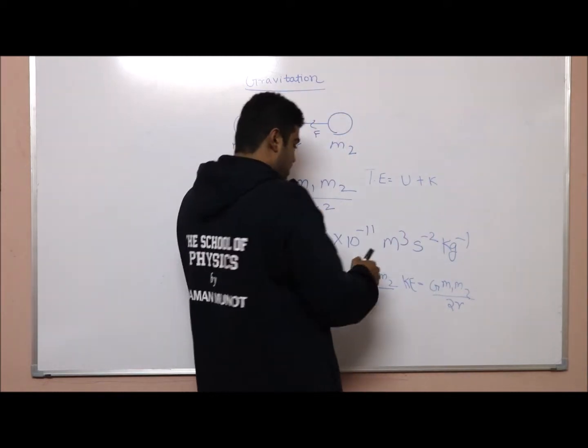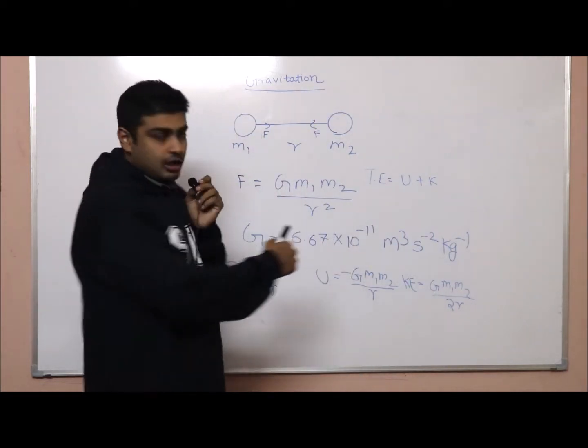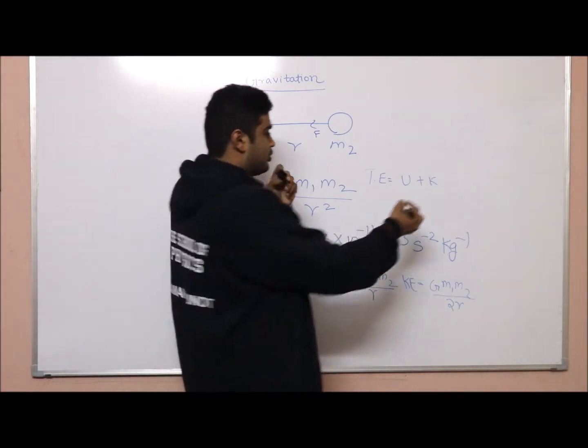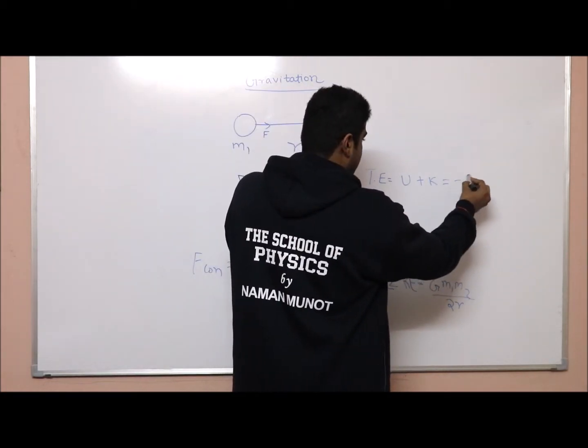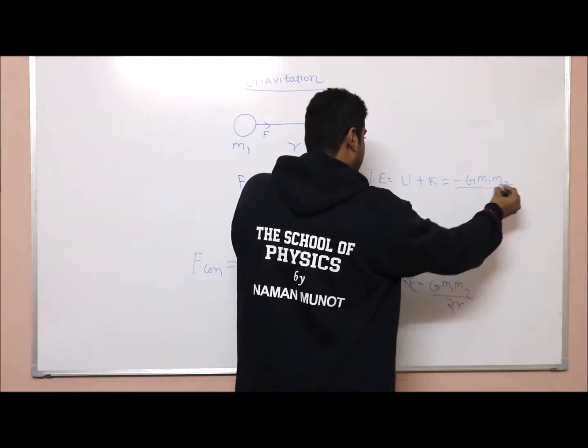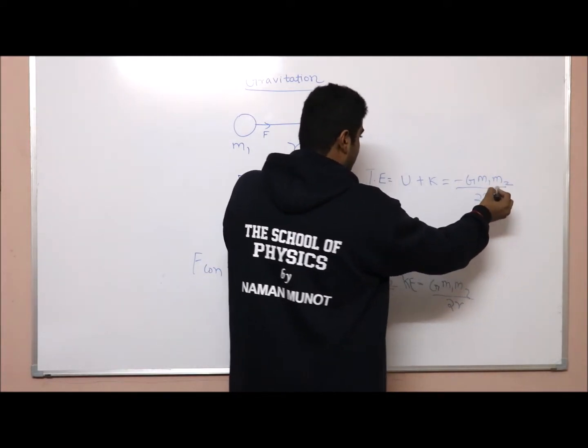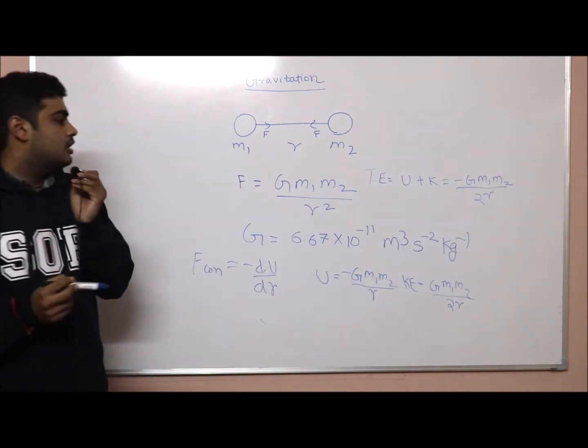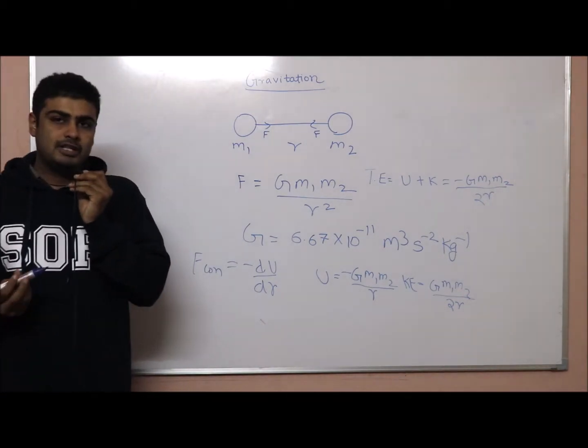You add both of these, it comes out to be minus G m1 m2 upon 2r. So guys, you have to remember all of these formulas.